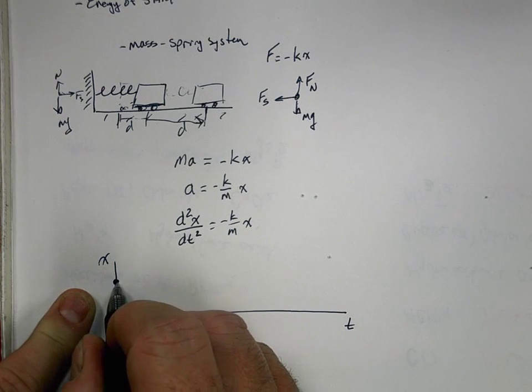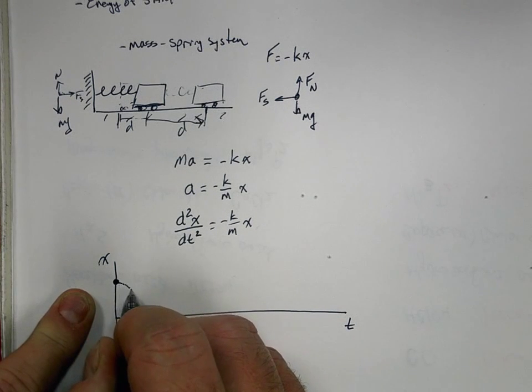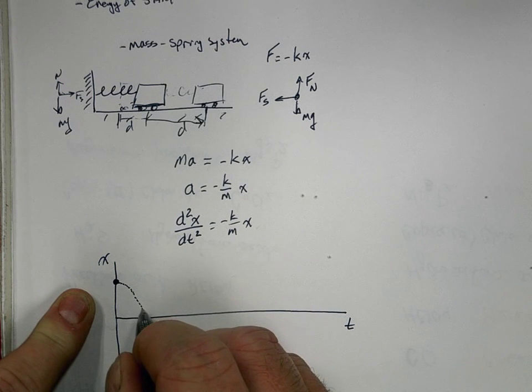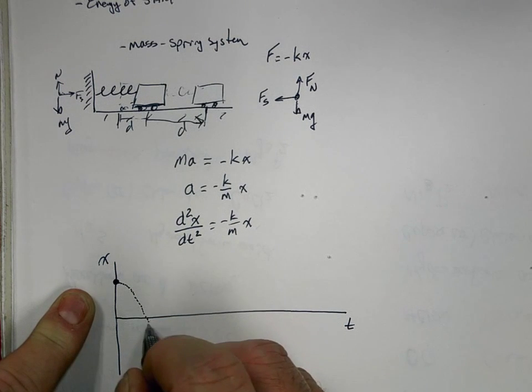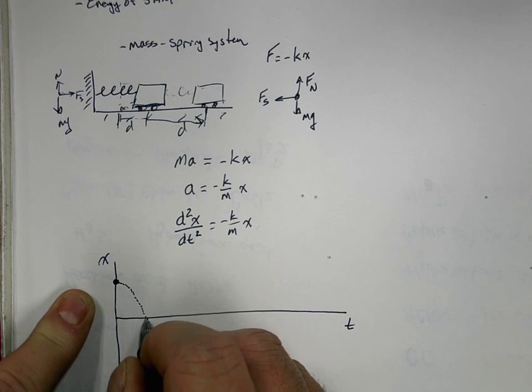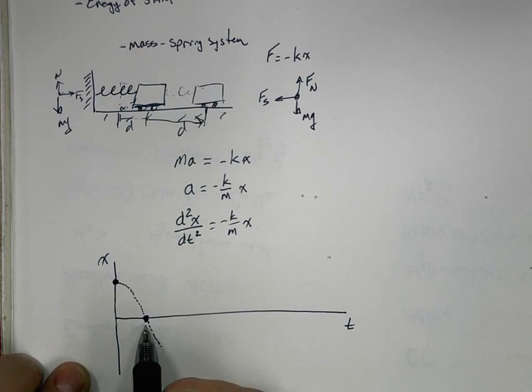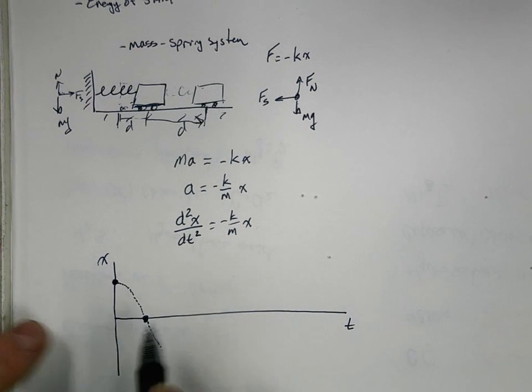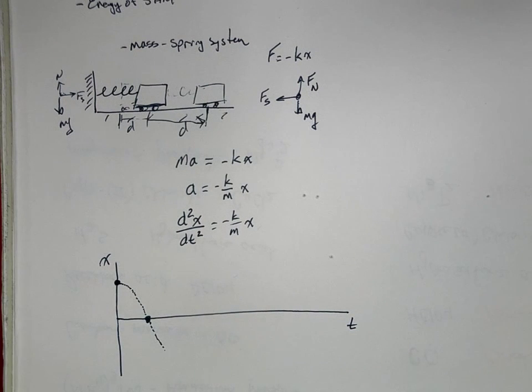It starts to accelerate back toward the other direction until it gets to here, where x is 0, its unstretched, uncompressed place.